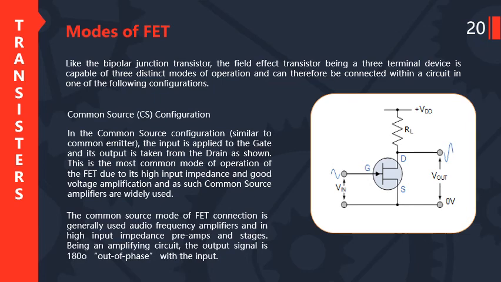The common source mode of field effect transistor connection is generally used in audio frequency amplifiers and in high input impedance pre-amplifier stages. Being an amplifying circuit, the output signal is 180 degrees out of phase with the input signal.